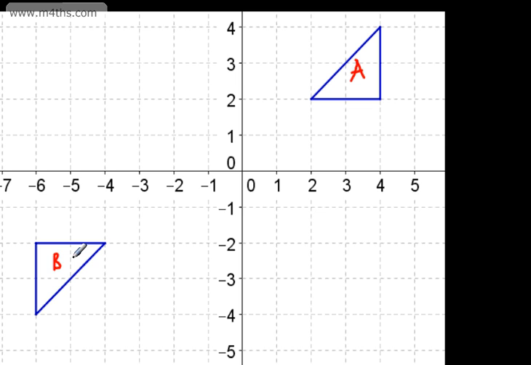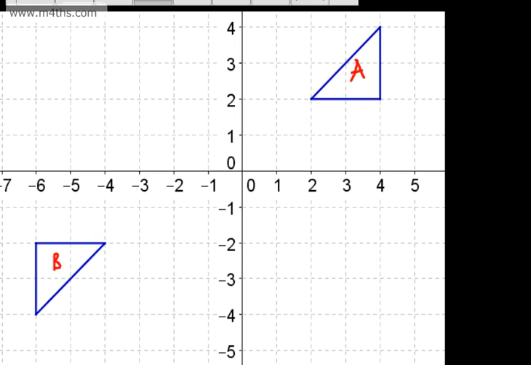We can see that it isn't an enlargement, it isn't a translation, so what we're going to do is look at this being a rotation. There are a few different approaches that you could use for this. One of them is to take a piece of tracing paper and simply draw this shape on, find a center of rotation by trial and error, and wait until the shape fits.